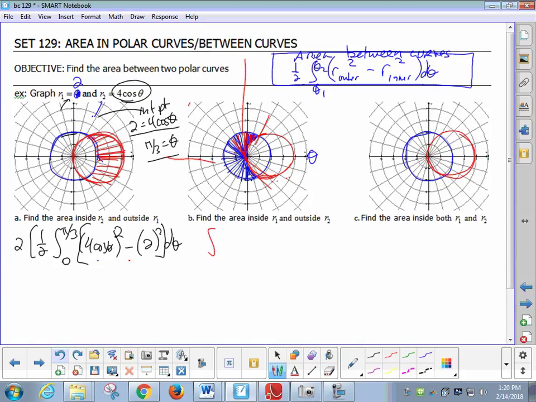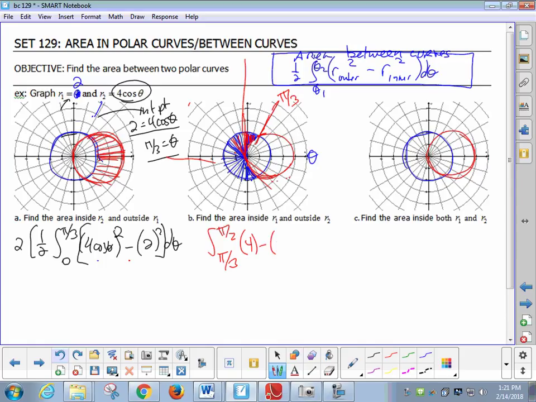Let's focus. 5 or 3, 2. 5 or 2. Outer minus inner. 4 minus. 4. Oh yes, I agree. This starts, okay. We're 8 or 6.